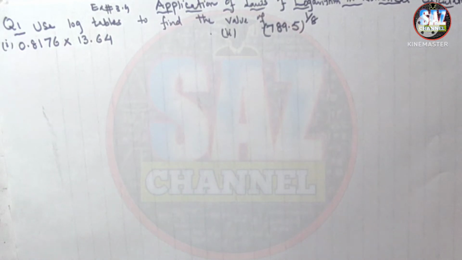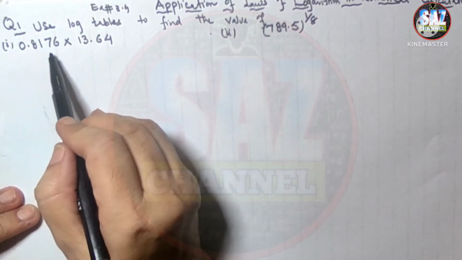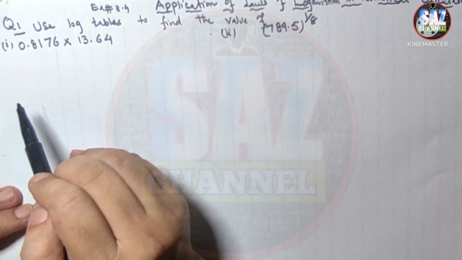Let's move to question number 1, and it says use log tables to find the value of 0.8176 multiplied by 13.64.